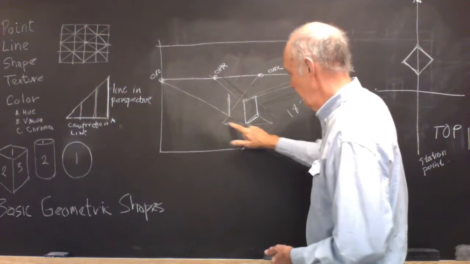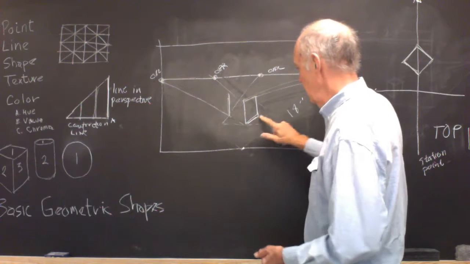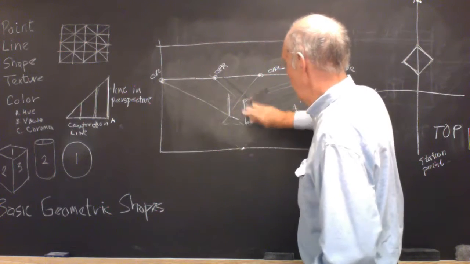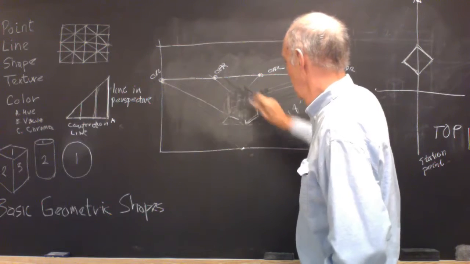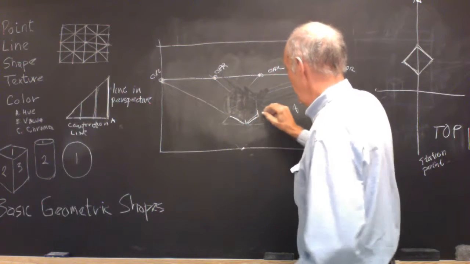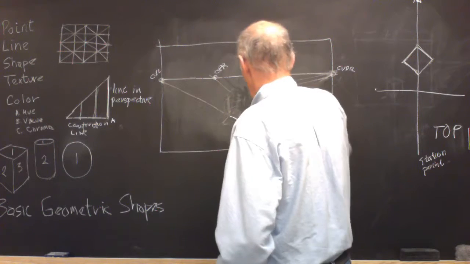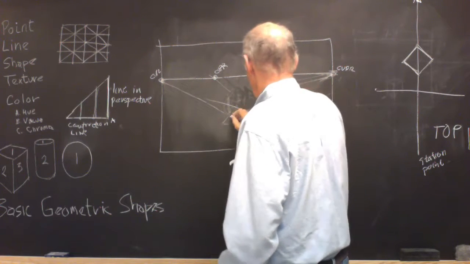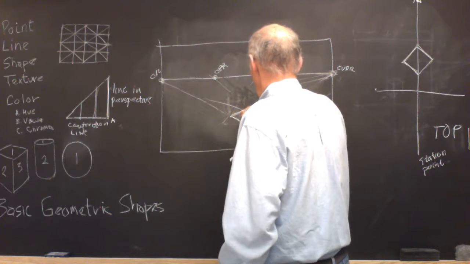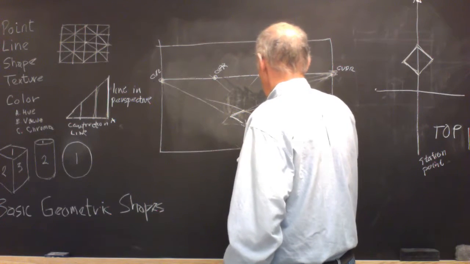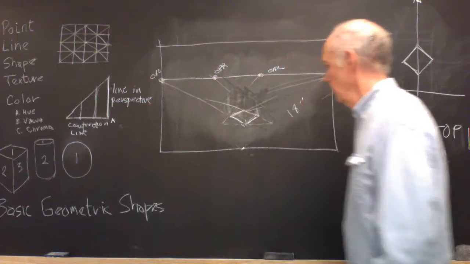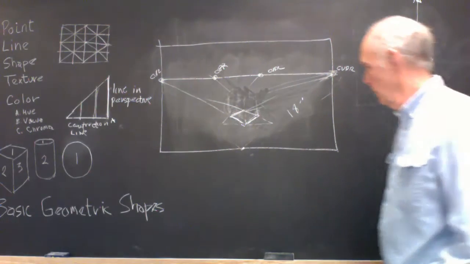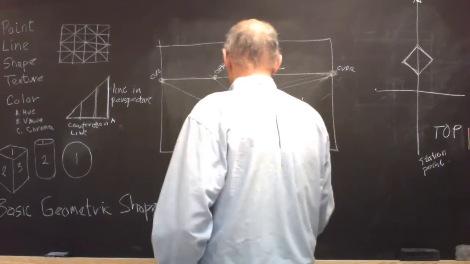That is the same distance as that. This is the same distance as this. So I just erase all this stuff, and I go from there to there, to there. Okay, that's a perfect square laying on the ground.